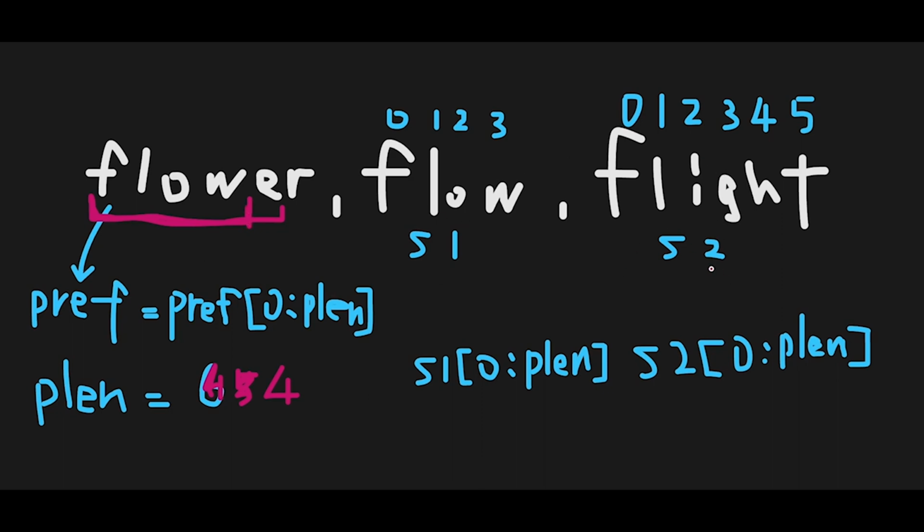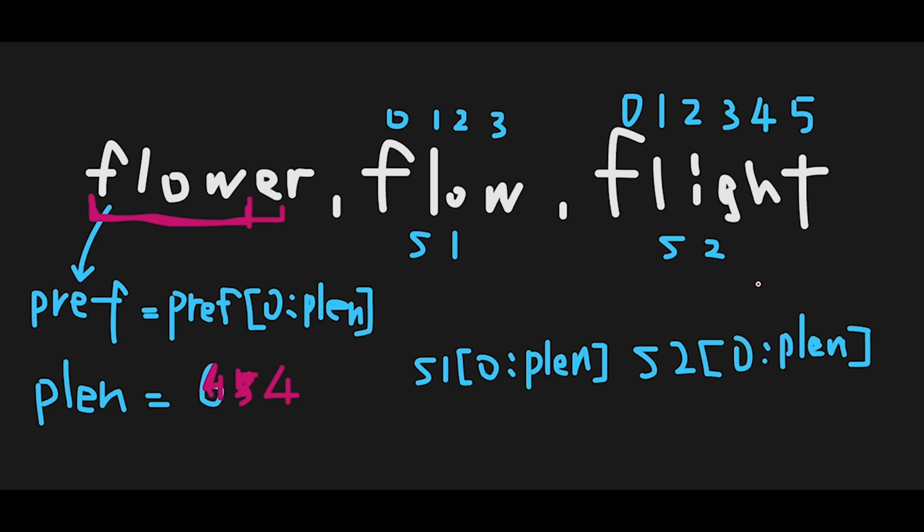And then again, since we already updated plen with 4, we should start from 0 to 4, because we have to find a common prefix, so there's no way the prefix is more than 5 characters.